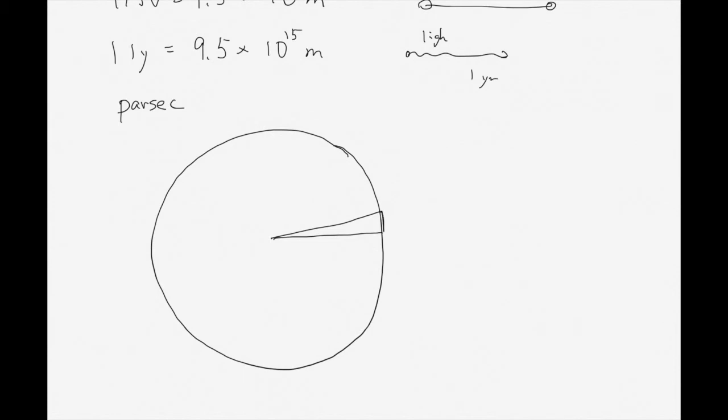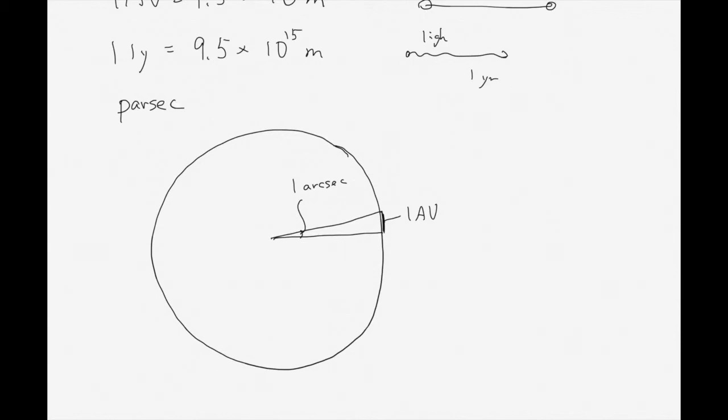So this is the circular arc. This corresponds to 1 astronomical unit. And the angle of this circular segment is 1 arc second. It looks like this angle is 1 degree.